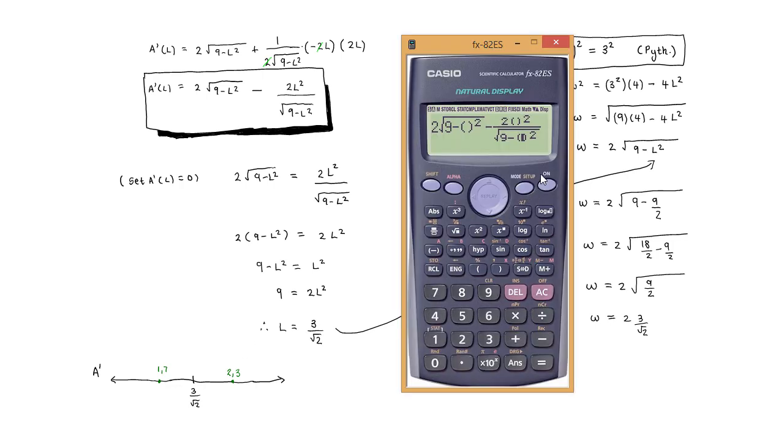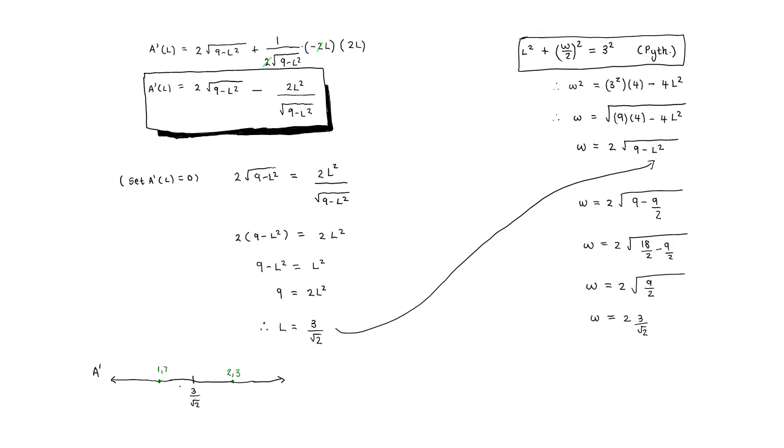Then we just need to substitute these test values into our A prime formula. Let's start with 1.7. We see we get a positive result. Let's then look at what happens at 2.3. We get a negative result. So the gradients of tangent lines on the graph of A in this interval are increasing because we've got a positive over here.